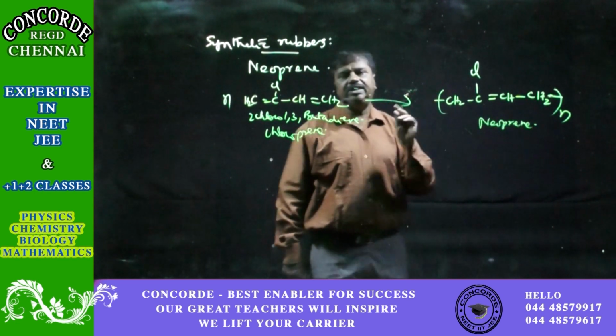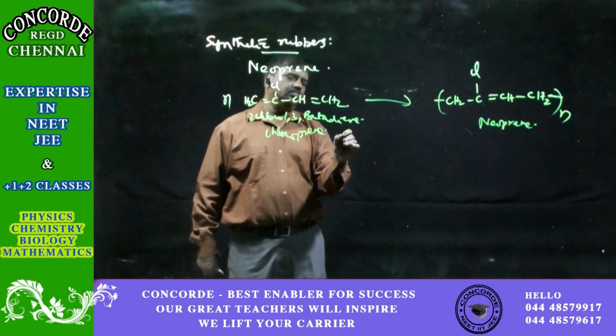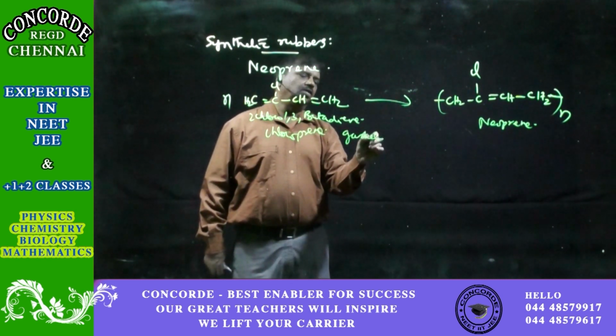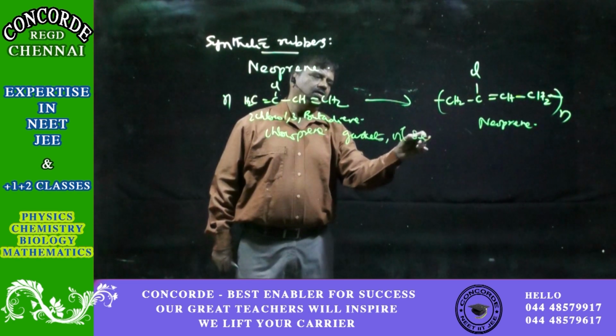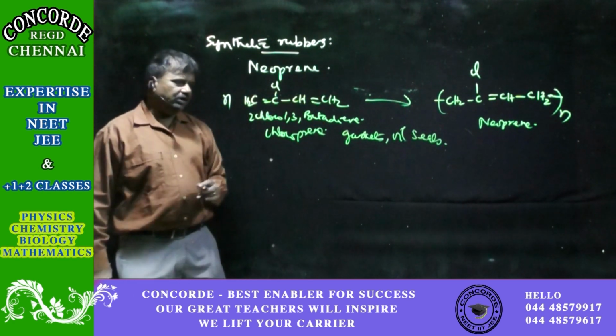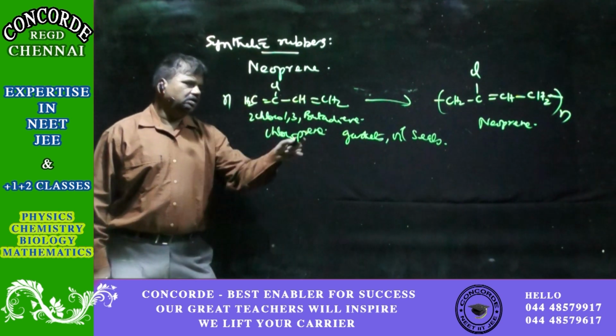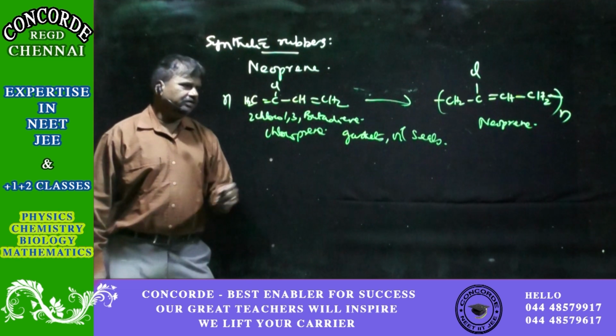Neoprene is highly resistant to vegetable oils and other things, so it is used for making gaskets, oil seals and all. Since it is very much resistant to vegetable oil or other things, it can also be used as storage for them. So it can be used for making gaskets, oil seals and all.